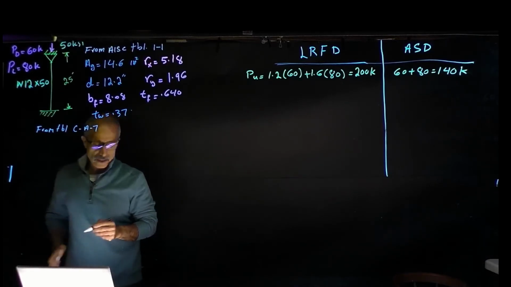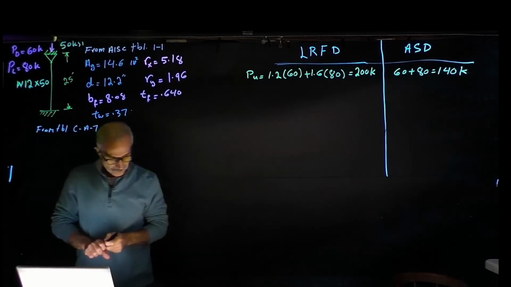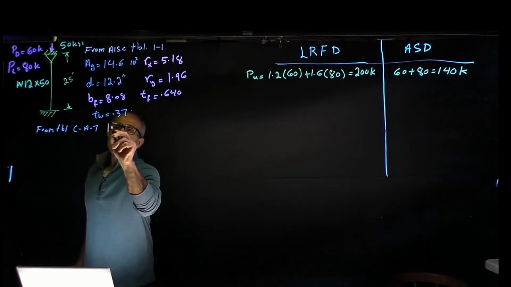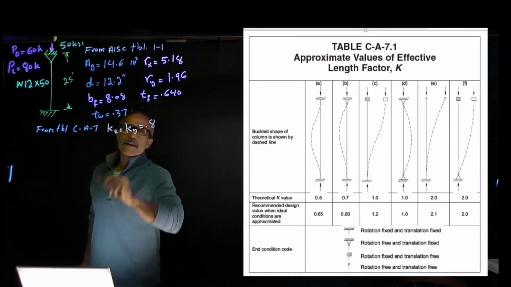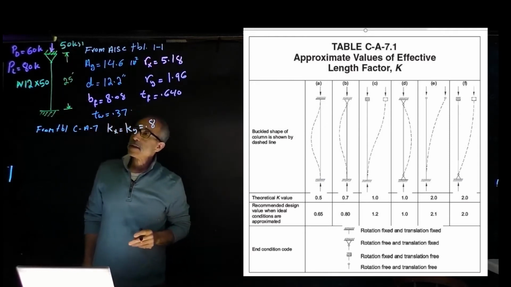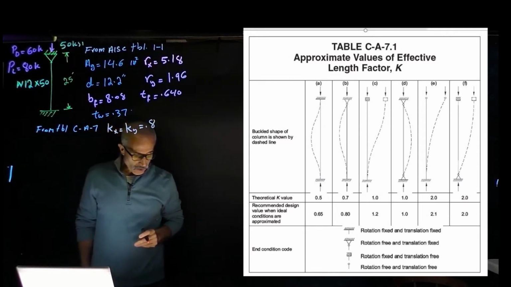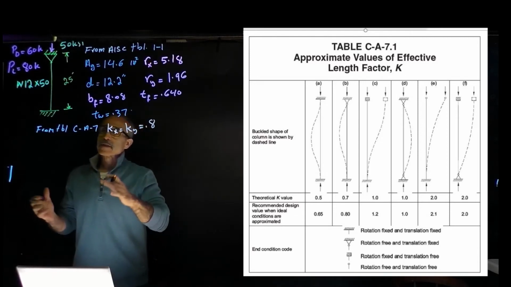We're going to find that our Kx, which is equal to Ky, is equal to 0.8, based on the fixed and pinned restrained ends.